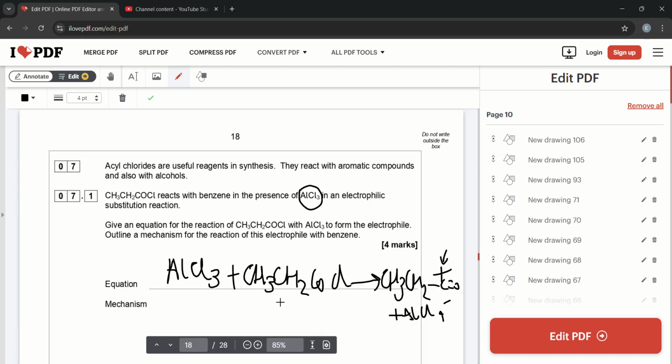So AlCl3 plus CH3CH2COCl gives CH3CH2C double bond O, carbon positive, plus AlCl4 minus. And then our mechanism for this electrophile with benzene.